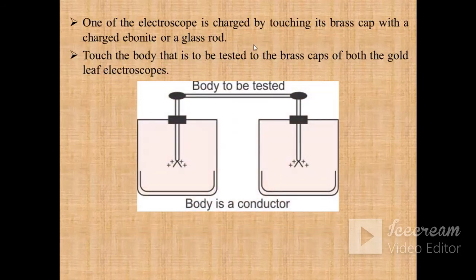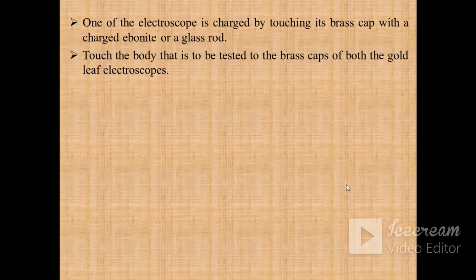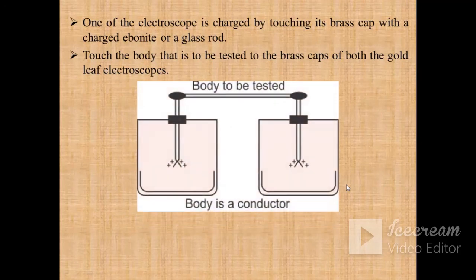One of the electroscopes is charged by touching its brass cap with a charged ebonite or glass rod. So this has been charged, and touch the body to be tested to the brass caps of both the gold leaf electroscopes. Now we will keep the body that has to be tested like this.